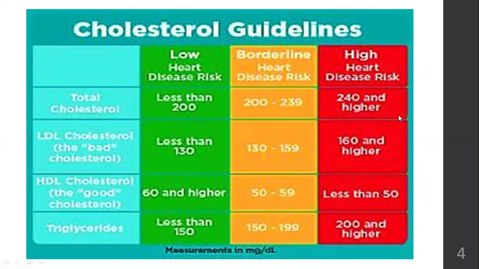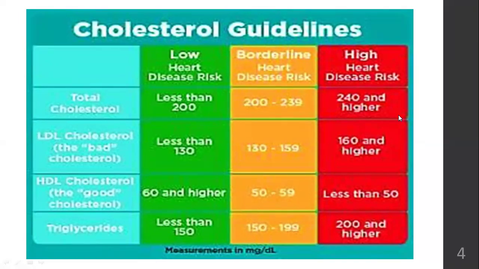High density cholesterol cannot get deposited; it will be pushed along in the blood flow. It cannot be stuck in one area. So that is good cholesterol. Sorry, HDL is good cholesterol.